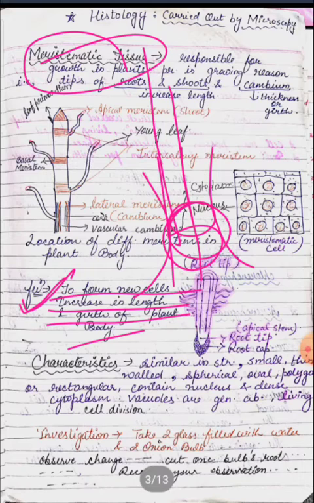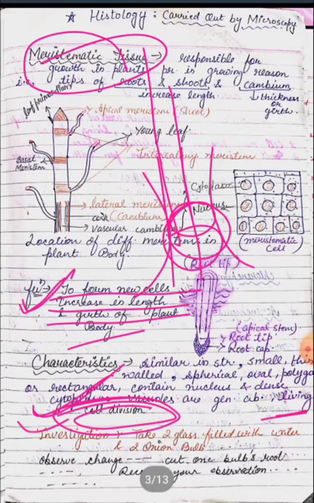Let's understand its characteristics. They are similar in structure: small, thin-walled, spherical, oval, polygonal or rectangular, containing a nucleus and dense cytoplasm. Vacuoles are generally absent. They are living and have cell division, right?